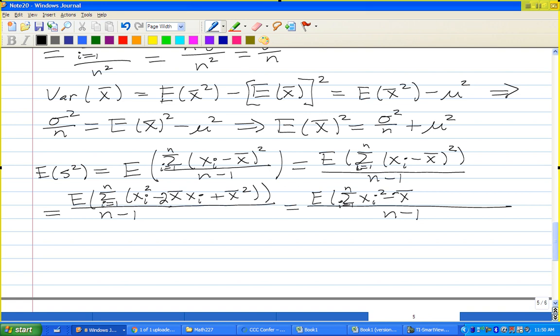Special product formula, 2 times the sum i equaling 1 to n of x_i plus the sum of these. Well, there's a constant, so I can just bring it outside. Maybe I'll just say that these are constants. I'm adding up n of them, so it's n.